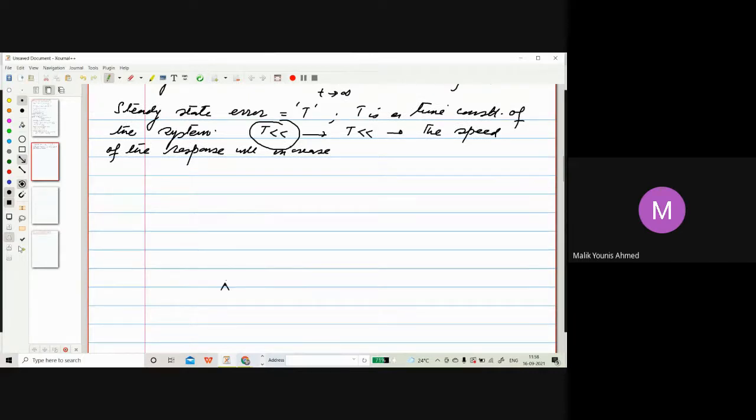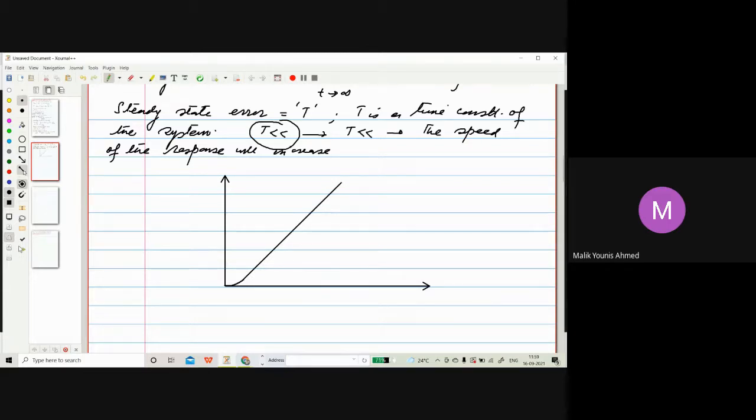Now let's talk about the ramp input. Now your actual output C of t will start a bit like this, and then it will have to rise like this.